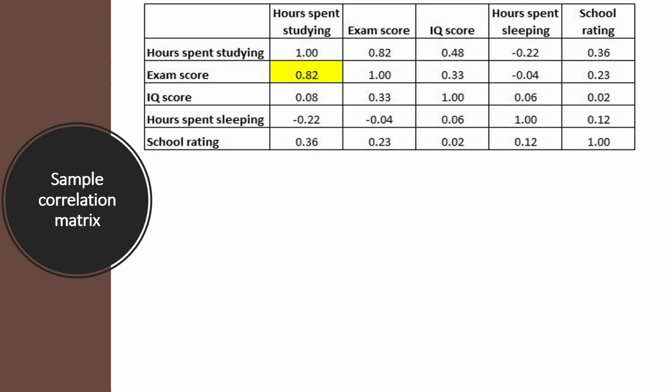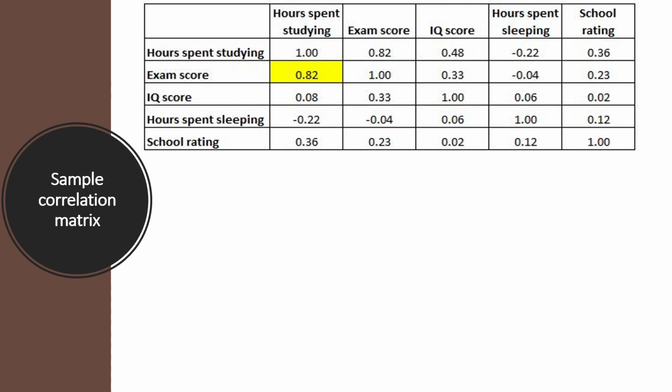If you're measuring the effect of studying on exam score, sleeping, school rating, and IQ score, you can begin to see, for example, that the hours spent studying and the exam score have a very high correlation. Now, the one means it's the same thing. So, for example, school rating and school rating, you'd expect that to be the same thing. So it's a 1.